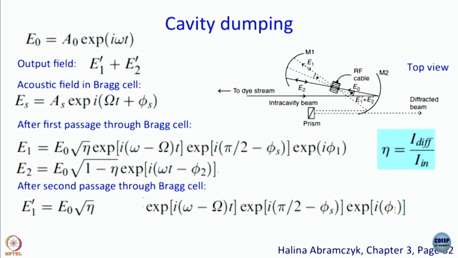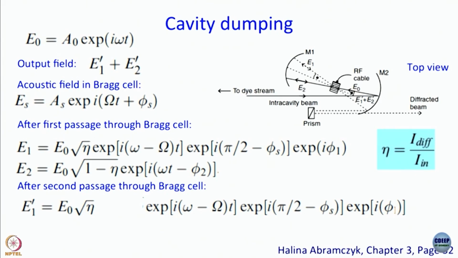Which one is E1 dashed? The beam that goes straight or gets diffracted? E1 originated from diffraction, that is okay, but that was the first passage towards M1. While going towards M2, E1 dashed is the part of E1 that goes straight.